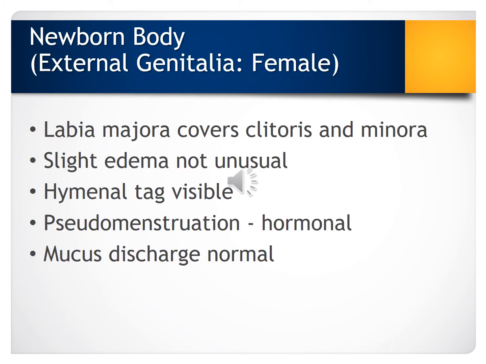Next, I've listed normal findings for external genitalia for the female and male. And again, this is self-explanatory, so I'm not going to read these to you, but know the differences or what to expect in a normal exam for both male and female.